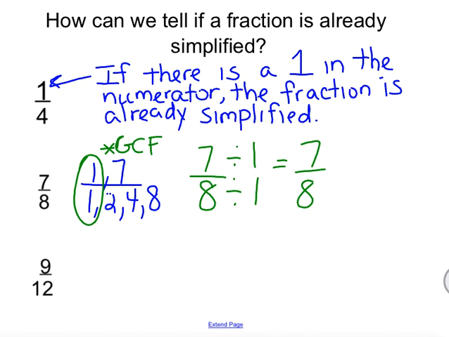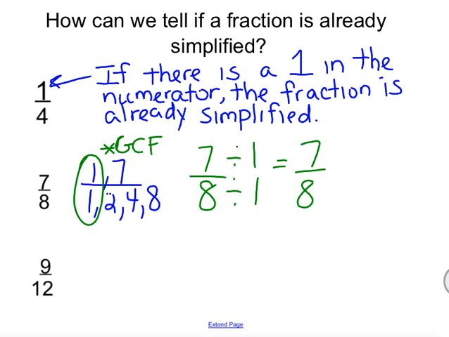So we did not change it. We did not make those numbers lower in the numerator and denominator. They stayed the same. So we know that if the greatest common factor is the number 1 and only number 1, it is already simplified. You cannot simplify it any further.